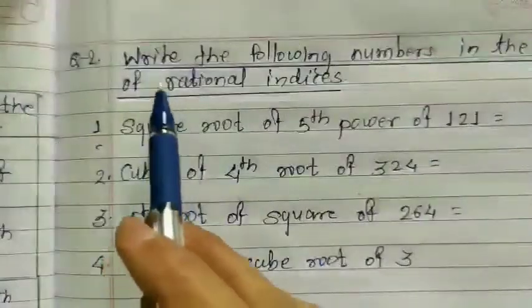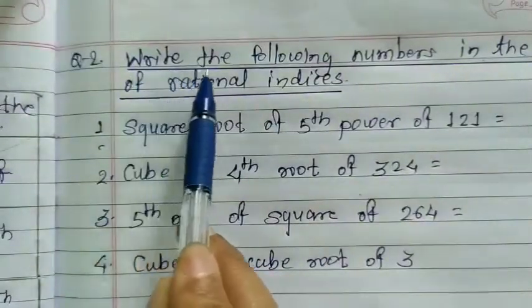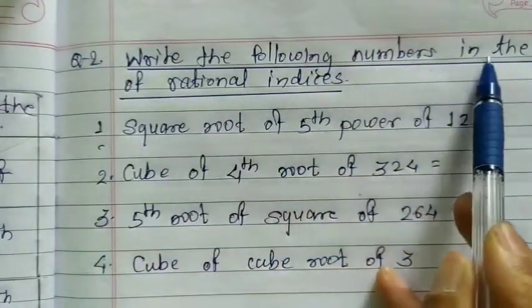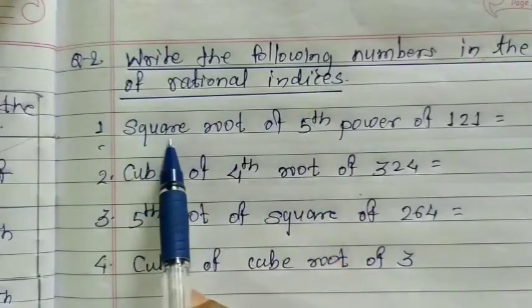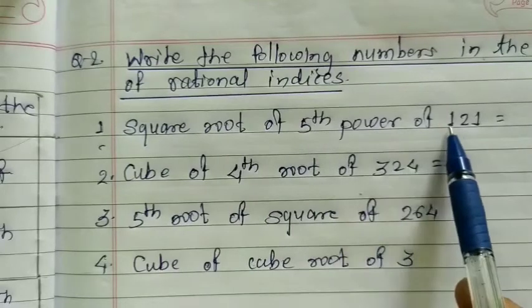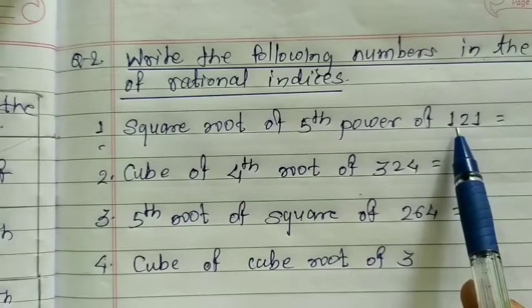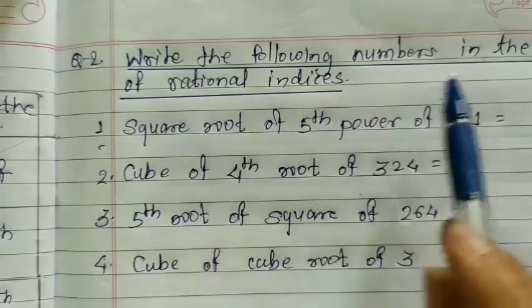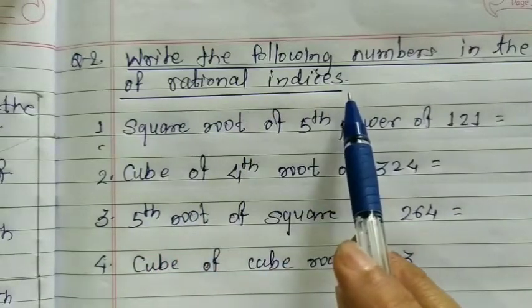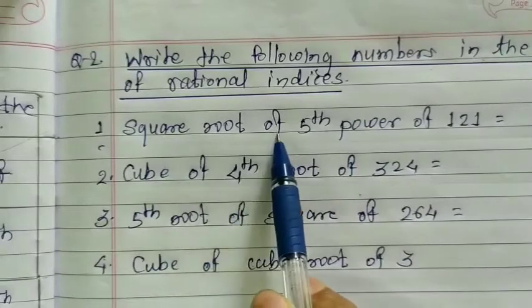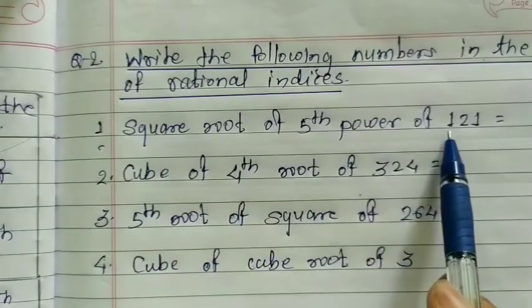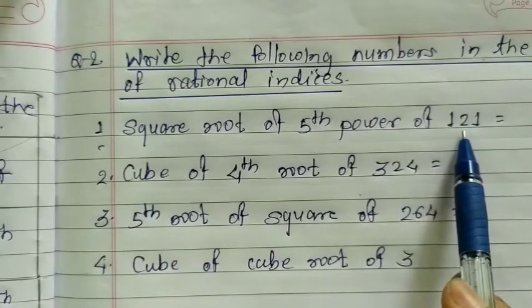Question number 2. Write the following numbers in the form of rational indices. They are given in word form. We are converting them into the form of rational indices. Let's see the first example: square root of fifth power of 121.